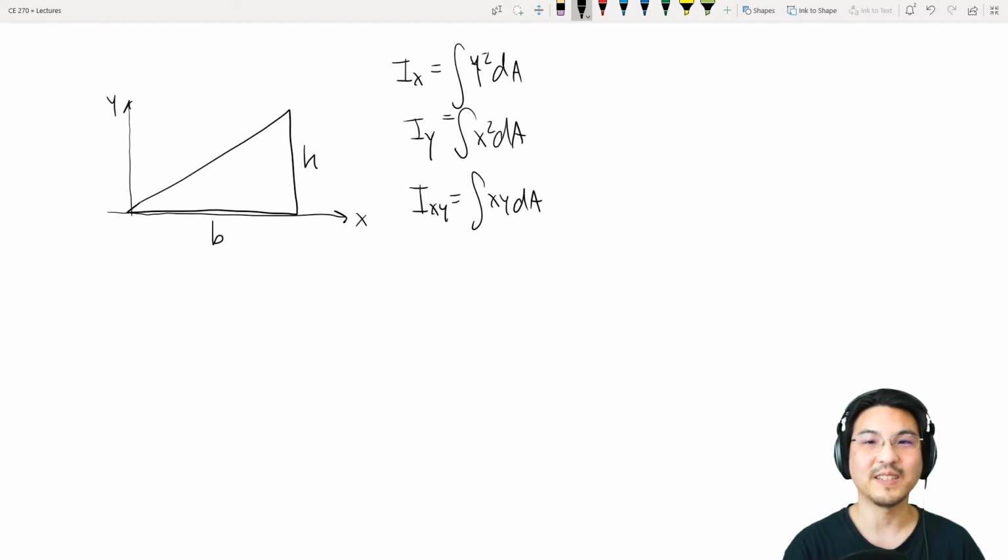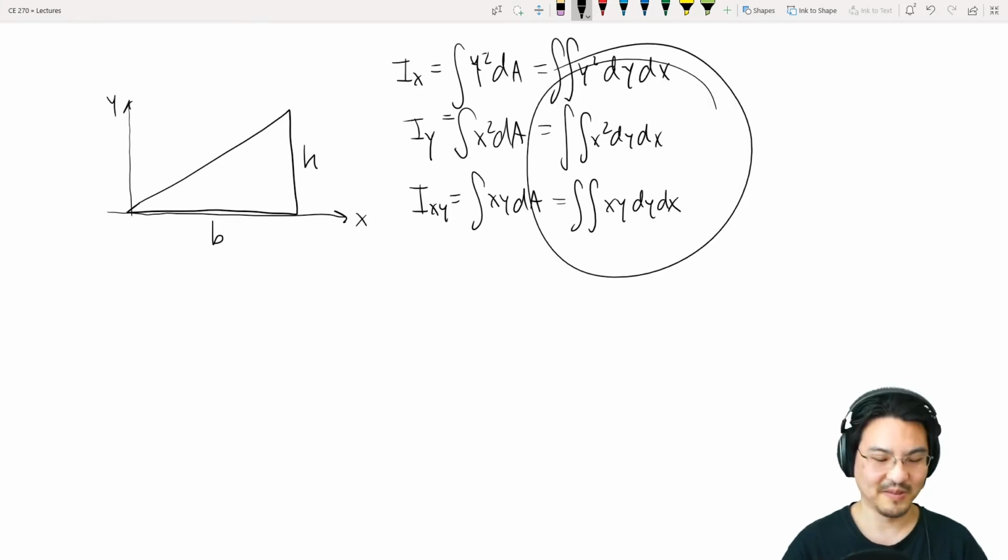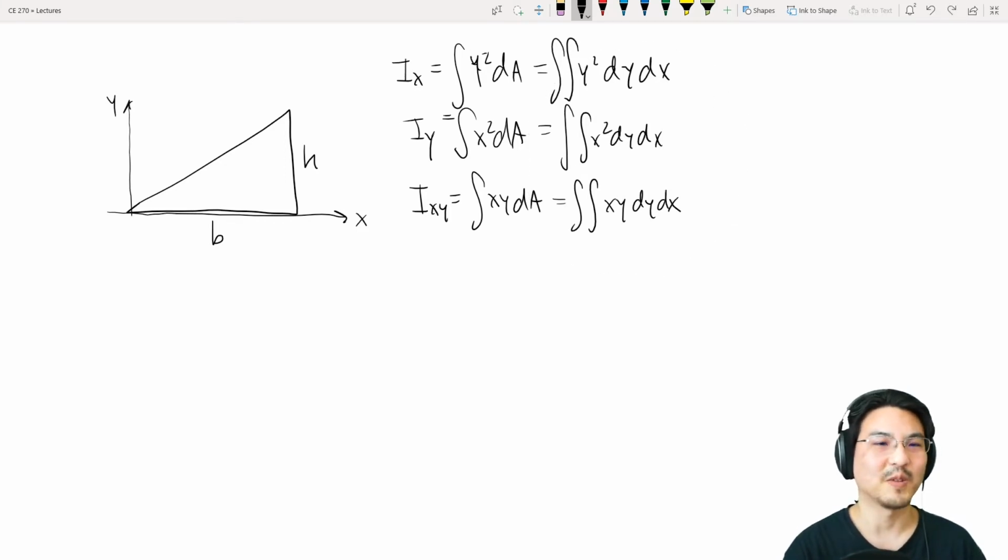And our strategy is, let's decompose into Cartesian components. So dA, we just split into dy dx, and then just do that double integral. And you know how to compute centroids, so you have the math skills to do this. For this particular example, we're integrating in the y direction from here to here.